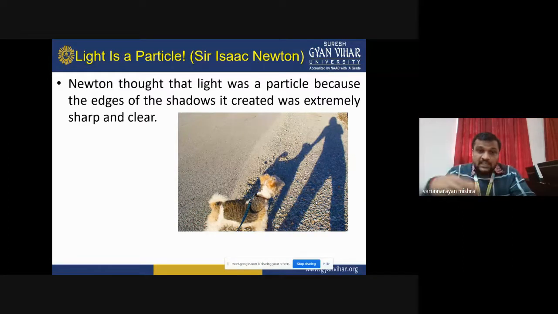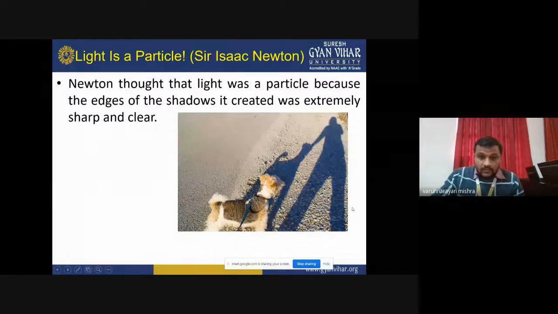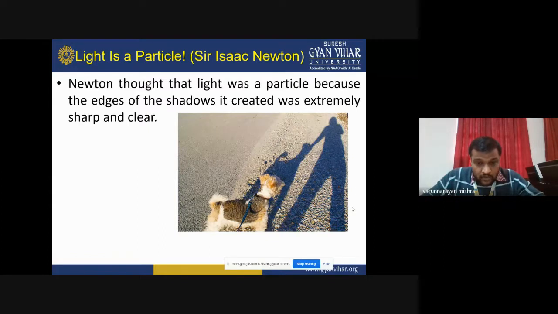This was proposed by Isaac Newton. Newton thought that light was a particle because the edges of a shadow are extremely sharp and clear. Whatever shadow we see has a sharp and clear boundary. Because of this, Isaac Newton considered that light is a particle.